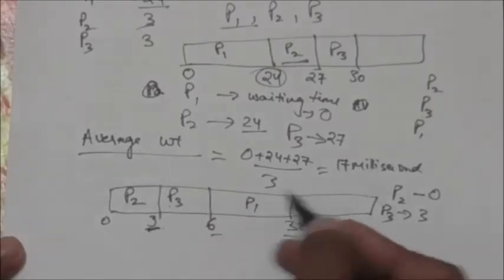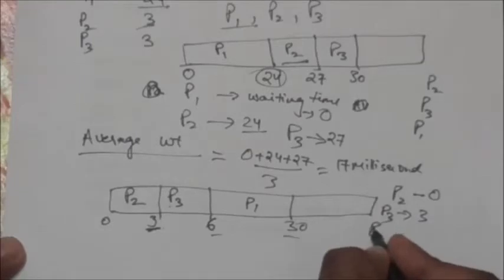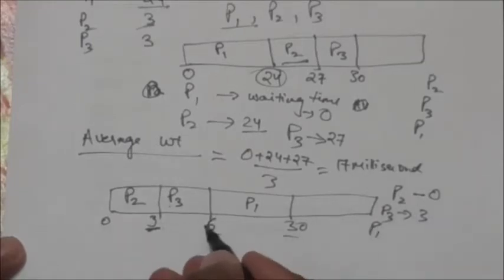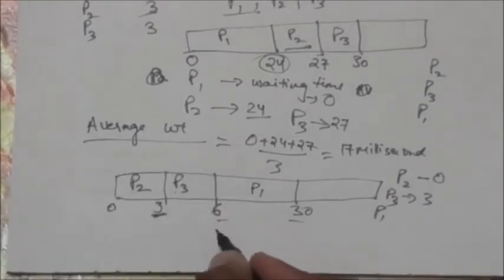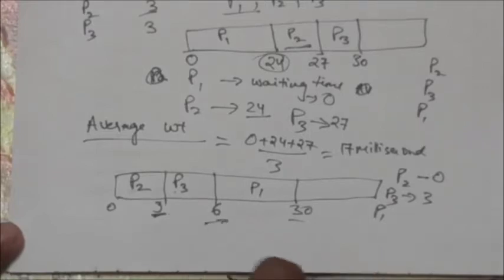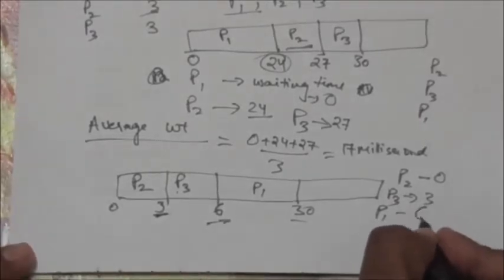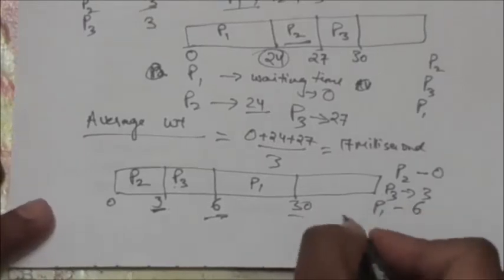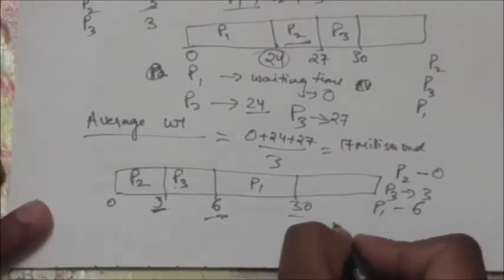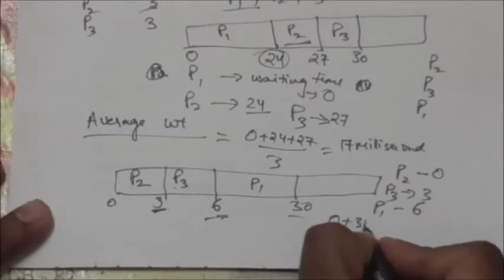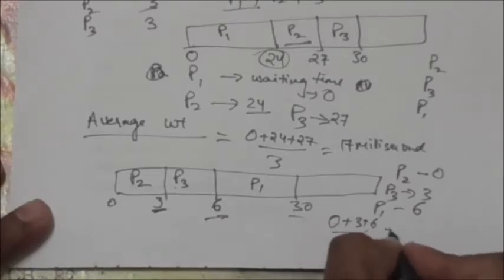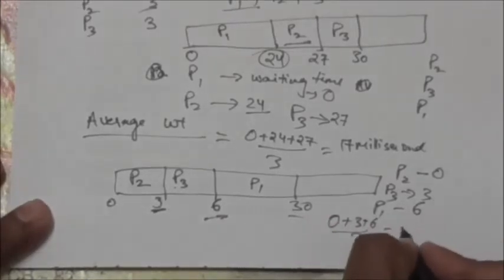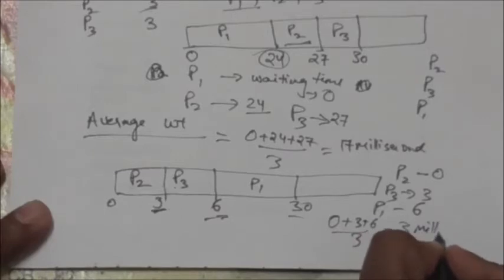The process P1 started at time 6, so its waiting time is 6. The average waiting time in this case will be 0 plus 3 plus 6 divided by 3, which is equal to 3 milliseconds.